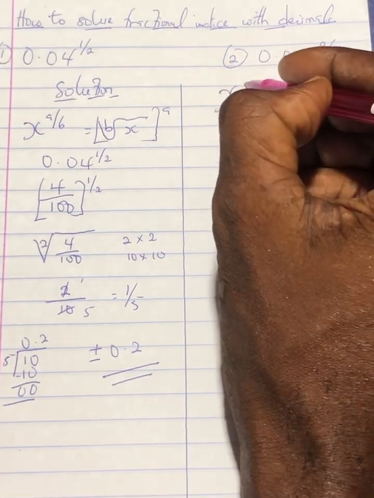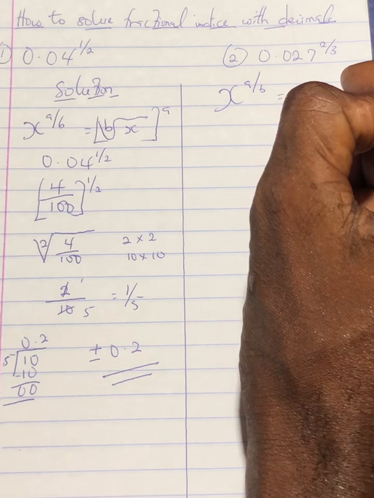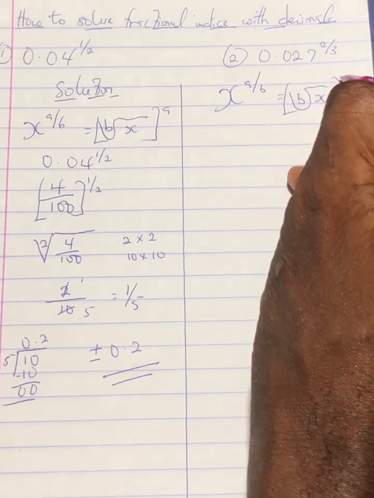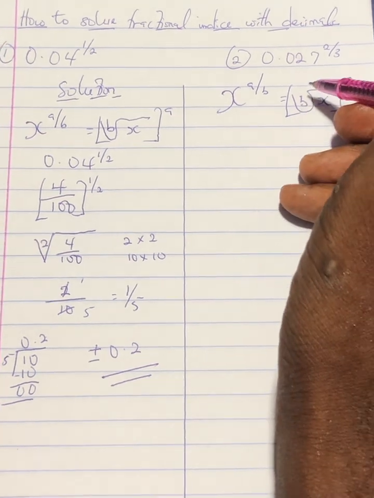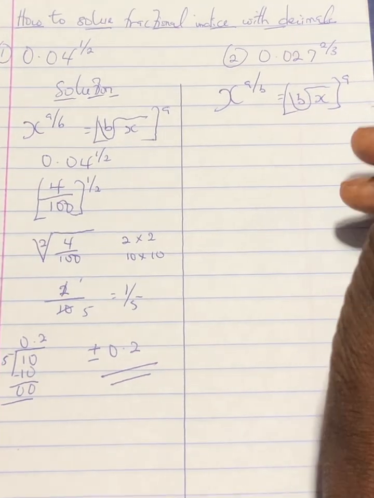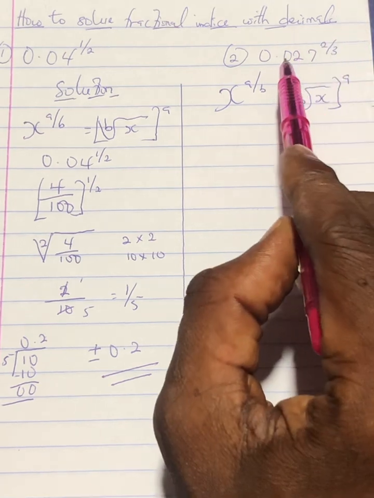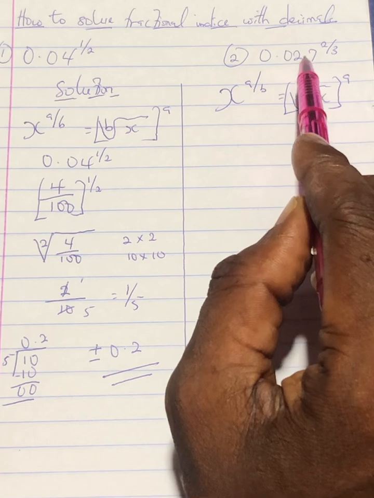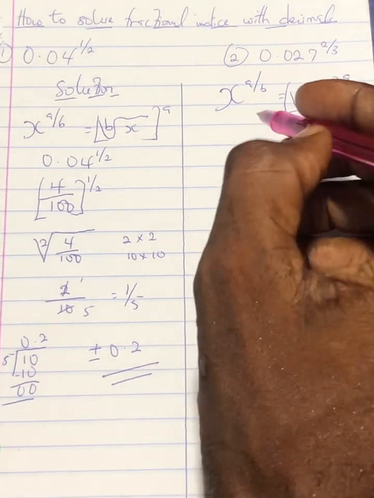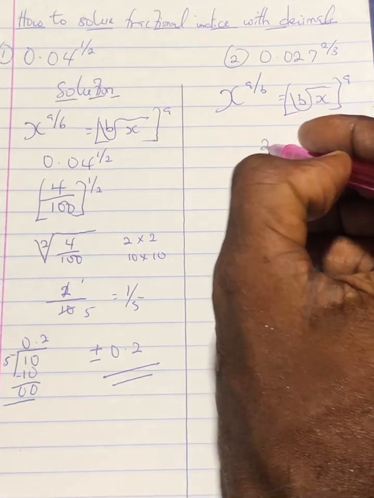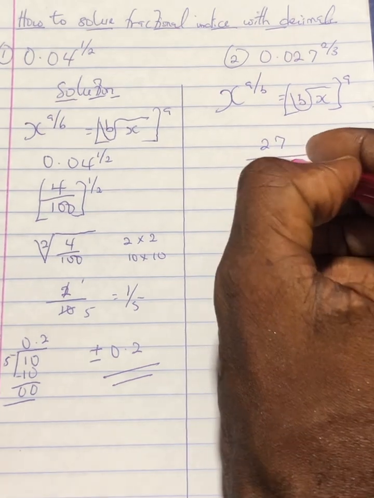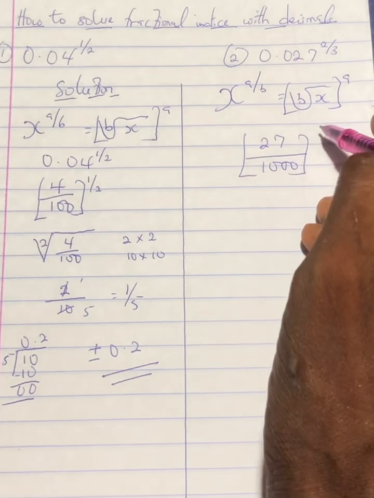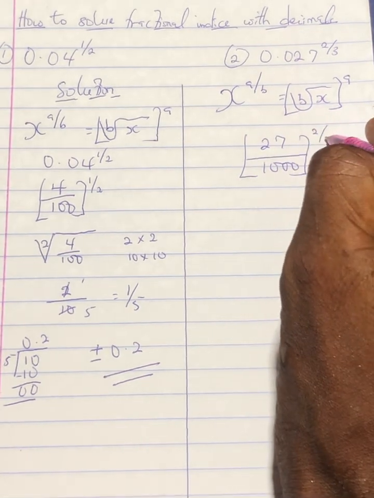Since we now know that x raised to power a over b is the same thing as the b-th root of x in bracket raised to power a, this is asking how many places the point will move. 1, 2, 3, into 3 places, which means we now have 27 all over 1000, raised to power 2 over 3.